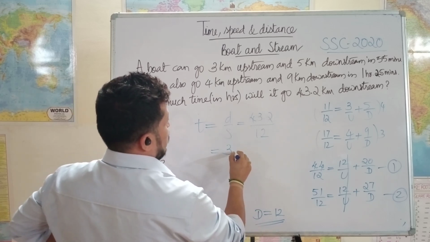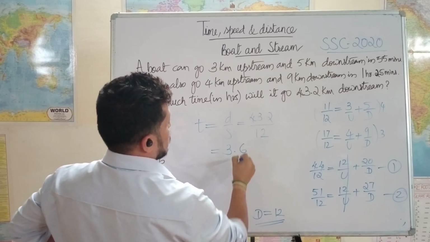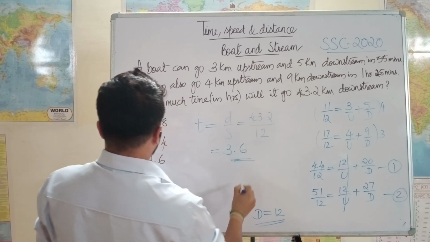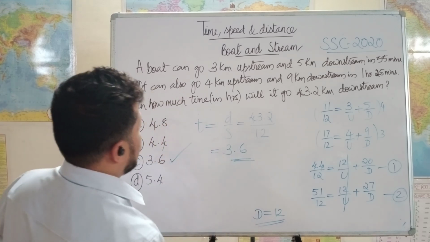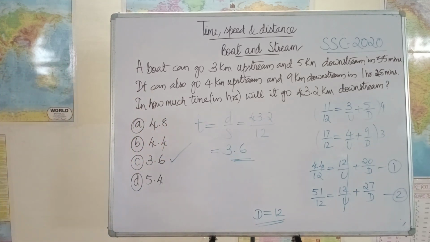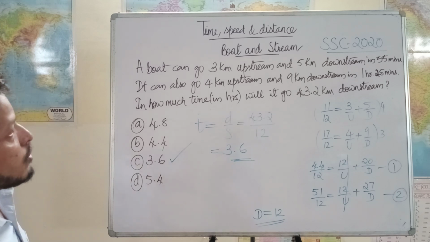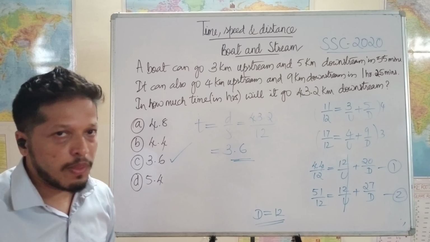So 0.72 is 6, 3.6. I have an option. So 3.6 hours is the time required to travel 43.2 kilometers downstream.